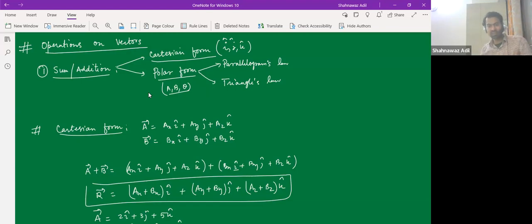Yeah, because these portions are very, very important. From the first chapter to the last, eighth chapter, you will come across this vector terminology, vector and calculus portion in many of the topics. These portions are very important.